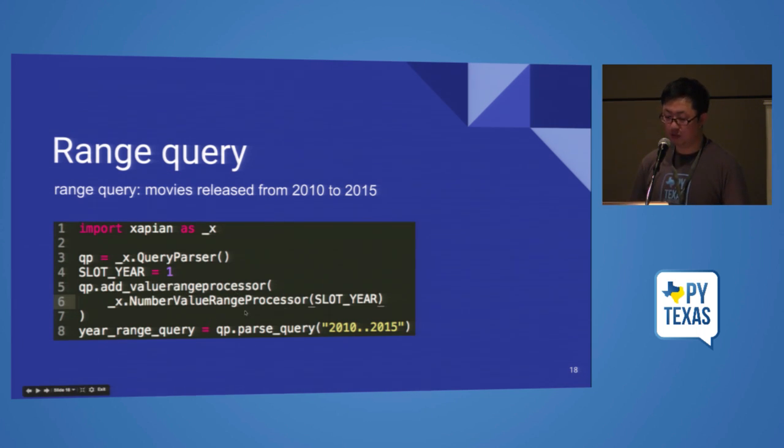We tell it this is a number value range processor, so it will search on the number, and it's on the slot of the year. So now we can input this string, 2010 to 2015, and this will construct the year range query for us.